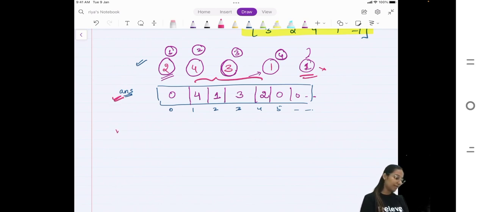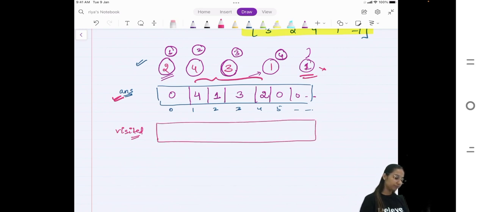Then we will maintain a visited array also. So if you remember the problem statement, there was a scenario wherein you could get in a phase a particular height which was not a valid height at all. So for that we can maintain an extra array over here and basically mark 0 or 1.